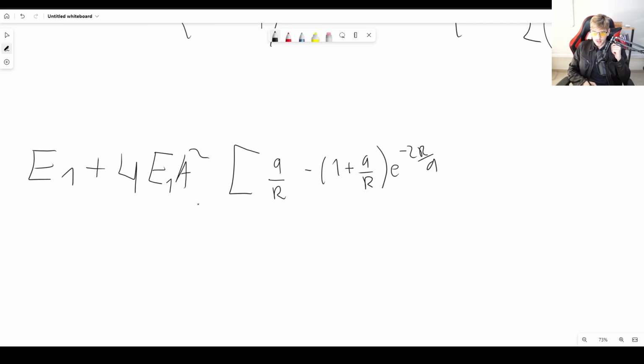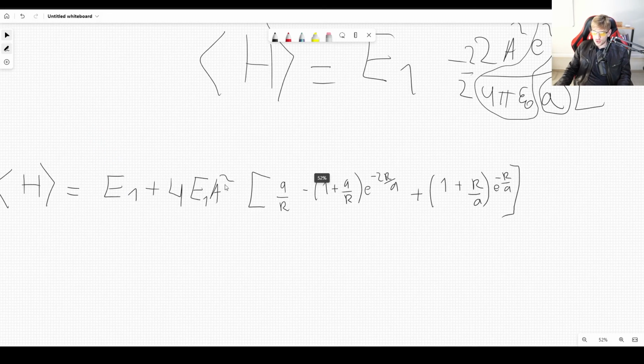By the way, what we did here, including E1, is the reason why Griffiths had introduced this extra a into D and X, because the a was going to appear anyways. The thing is that he did it at kind of an unnatural moment. Okay, so that is D. And then we still need to add X, which is 1 plus r over a, e to the minus r over a.